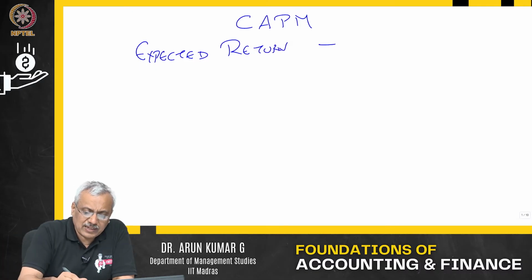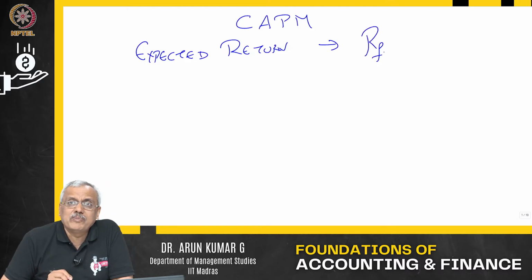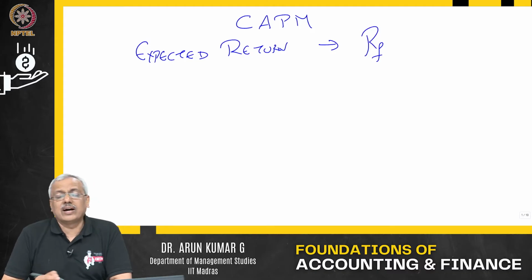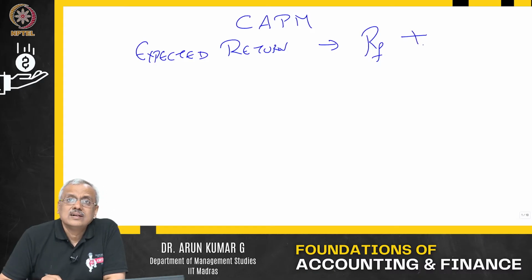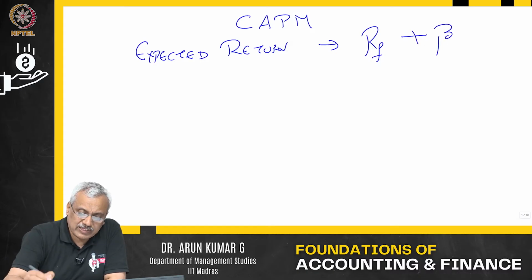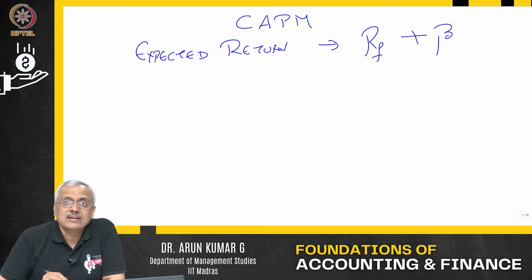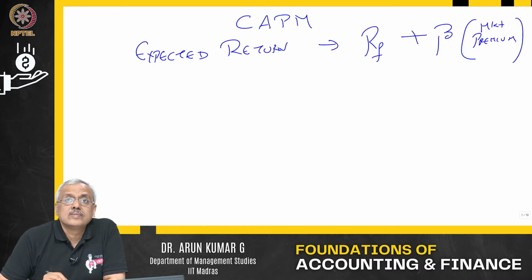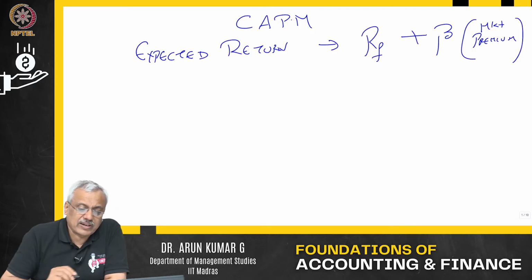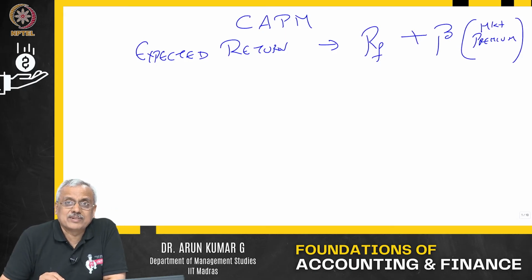We said that expected return can be found out by the risk free rate, that is the minimum amount of return that a risk free asset gets, plus the risk factor of your investment measured in terms of beta, into the market premium. And we said that this is what we call CAPM or capital asset pricing model.